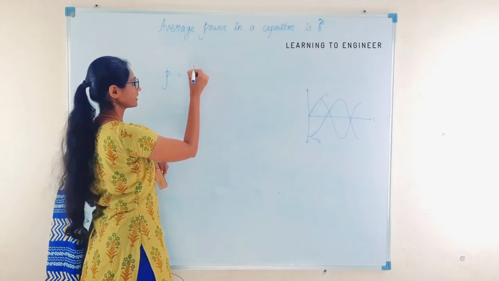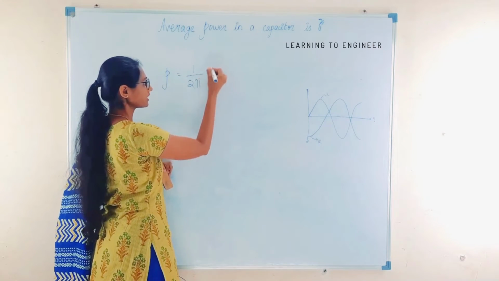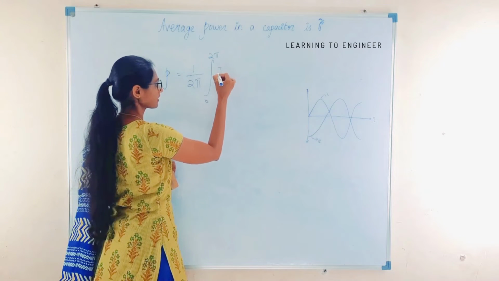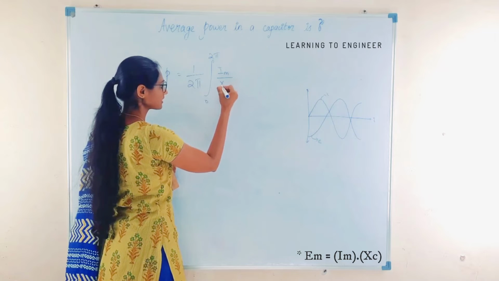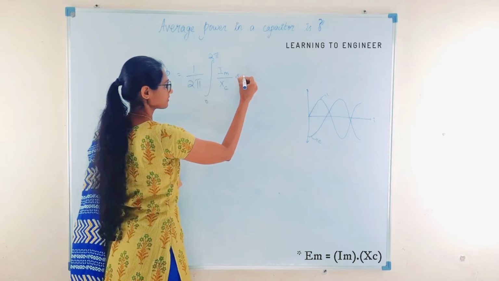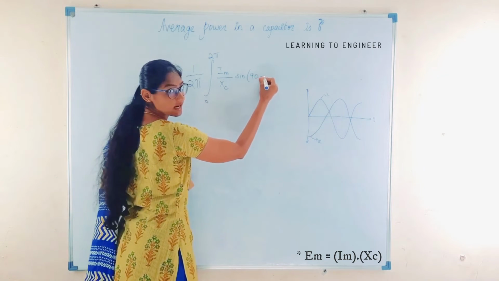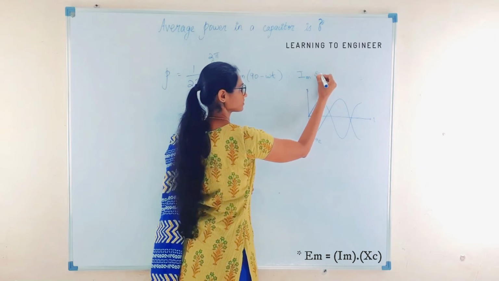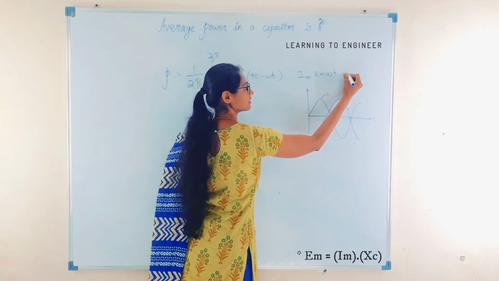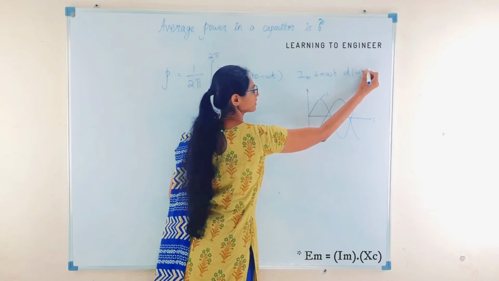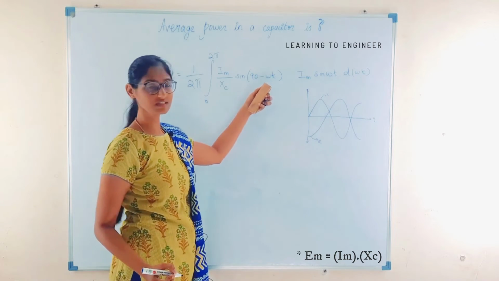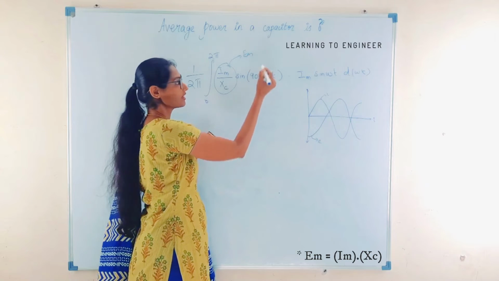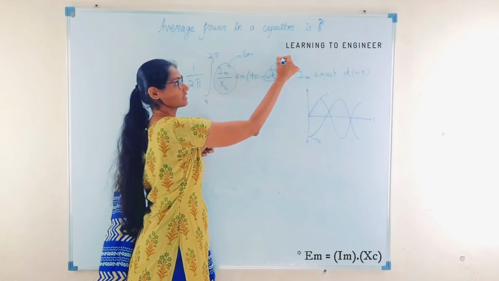The average power is equal to 1 divided by 2 pi into the integral from 0 till 2 pi Im by Xc sin 90 minus omega t, Im into sin omega t, d omega t. So again we will simplify this by making this the maximum EMF Em and this omega t to be theta.